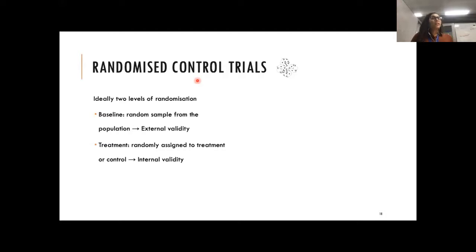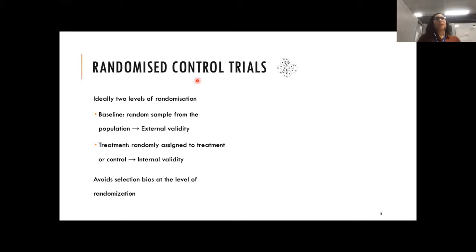We need the two levels of randomization because the first one assures that we have external validity. It means that we can generalize the findings to the overall population and not only to those who participated or not in our program. And we randomize the treatment because that's the way in which we avoid selection bias.